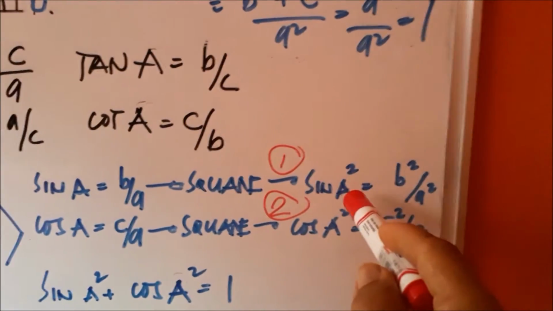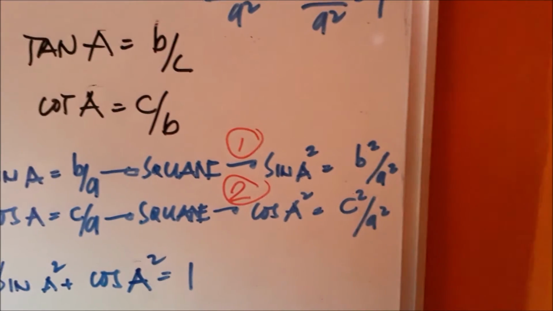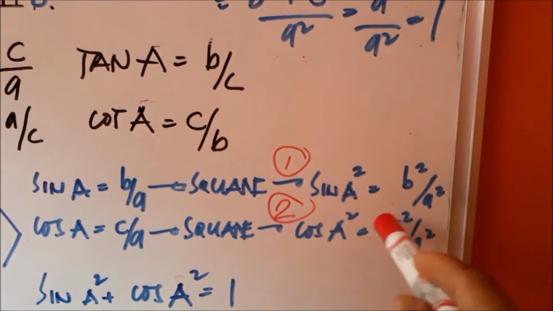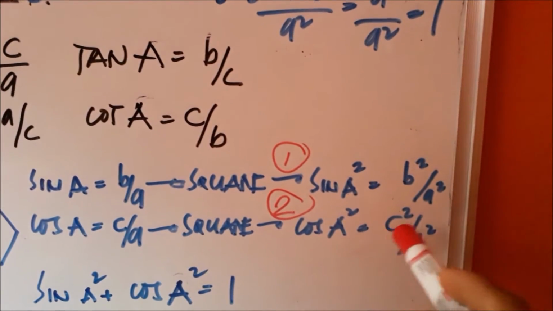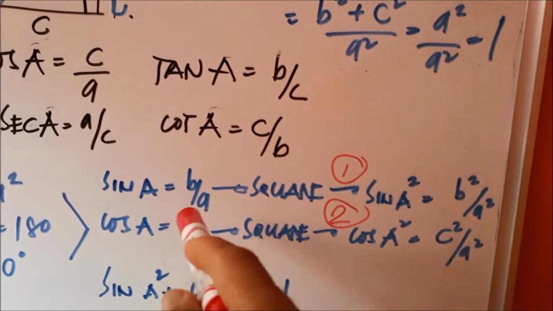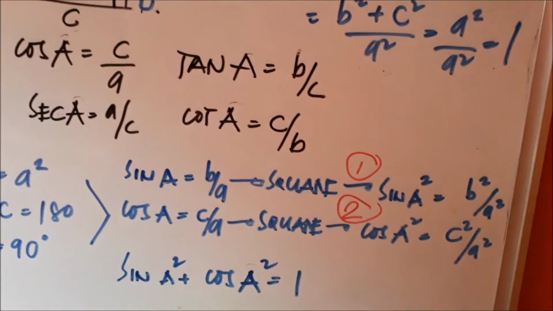Sine A squared is equal to B squared over A squared, and cosine A squared is equal to C squared over A squared. These are the formulas from squaring sine A and cosine A.